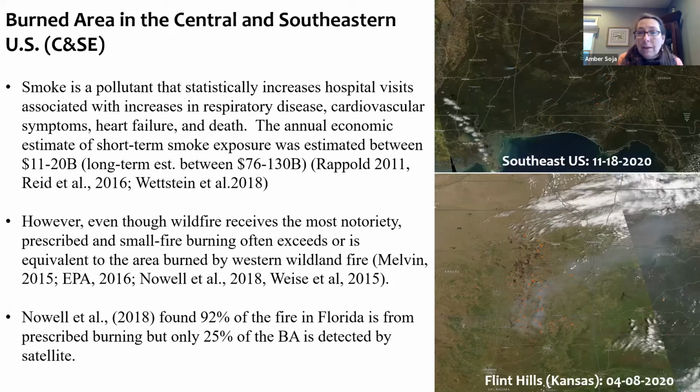However, what you might not know is that wildland fire, even though it has notoriety in the West, in the Southeast and Central United States, in terms of burned area, is often equivalent to wildland fire burning in a normal wildland fire year. And there's just a lot we don't know about fire in the Southeast because we haven't previously been capable of capturing these signals from space. Next slide, please.